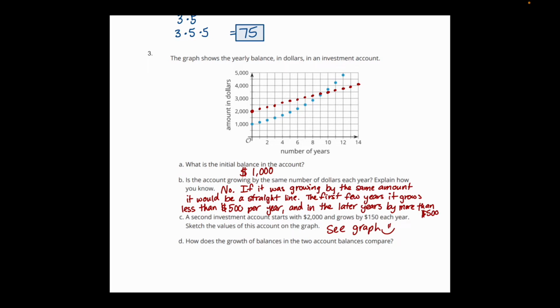So now we want to say, how does the growth of the balances in the two accounts compare?